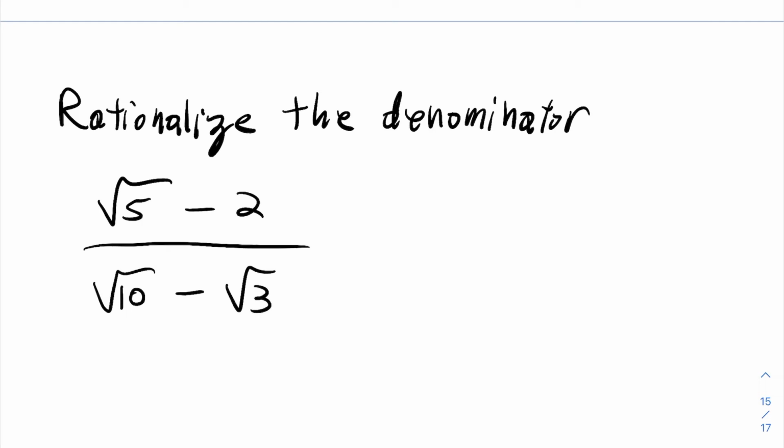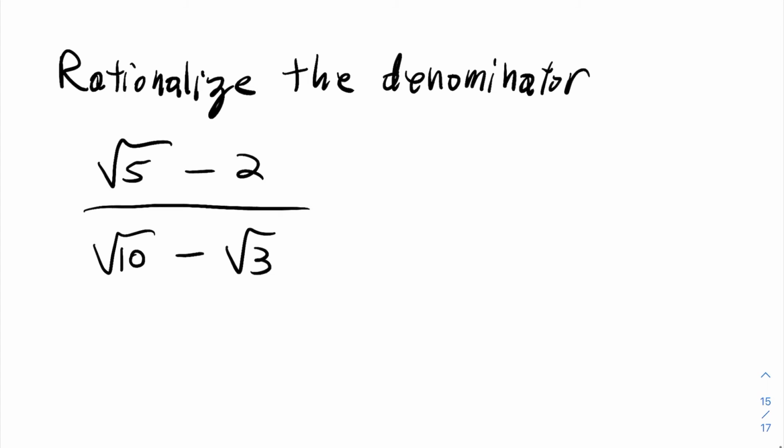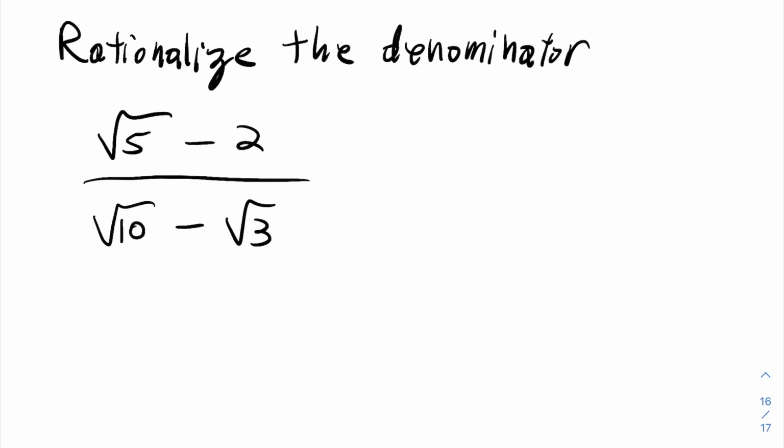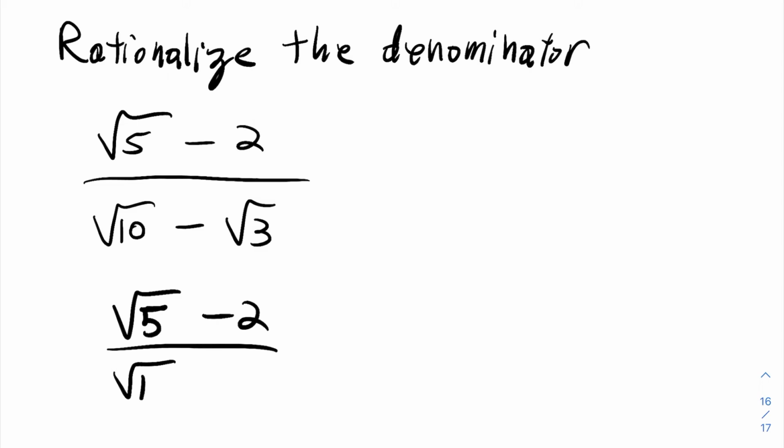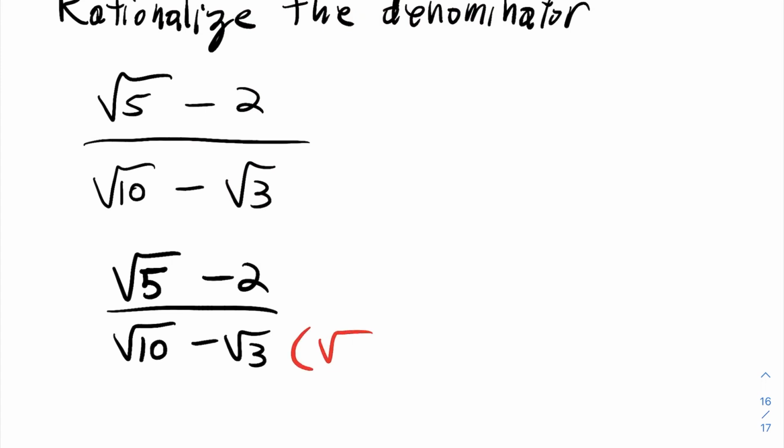And let's say I wanted to rationalize this denominator. Well, just like before, since there are two terms in the denominator and it's an irrational number, we want to multiply by the conjugate of that irrational number. So the conjugate of the square root of 10 minus the square root of 3 is simply the square root of 10 plus the square root of 3.